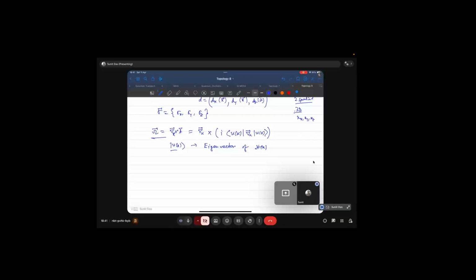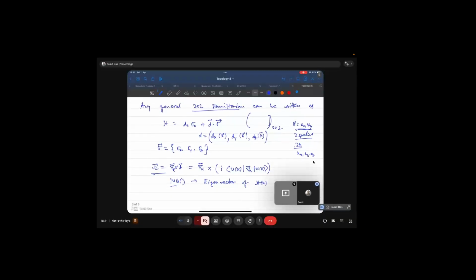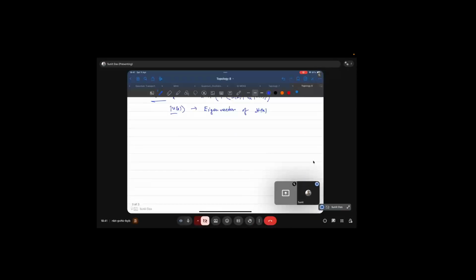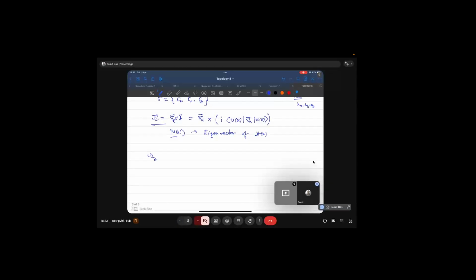So if you calculate this for any general Hamiltonian, without assuming the explicit form of d of k, that is, how dx, dy, and dz depend on k, linear, k square, and so on, it can be anything. In general, for the Berry curvature omega z, since this is a 2 by 2 Hamiltonian, you will have two eigenvalues, so two components of the Berry curvature.